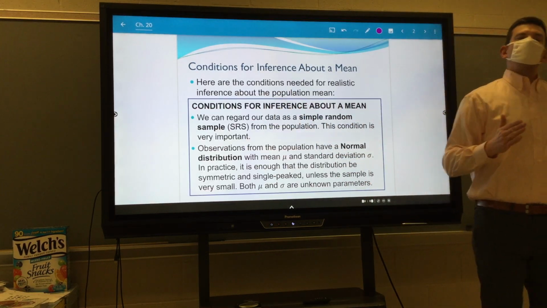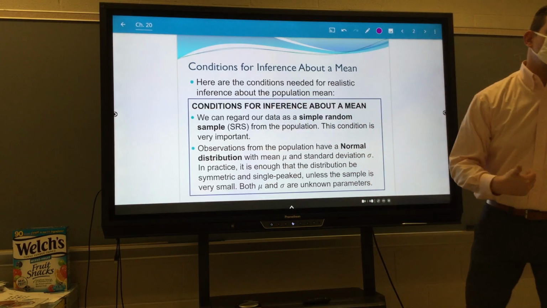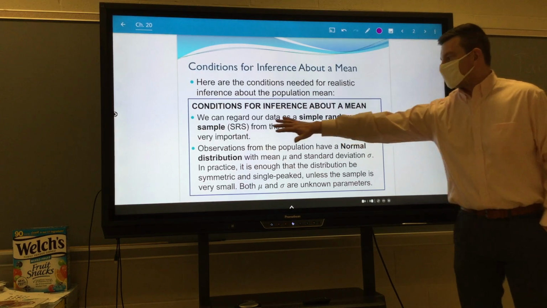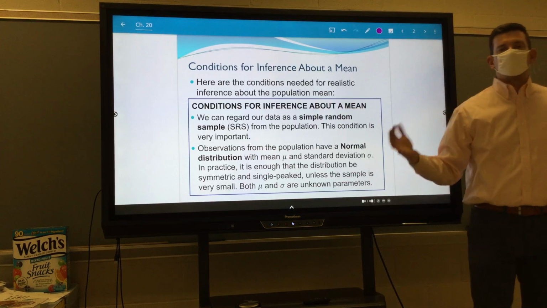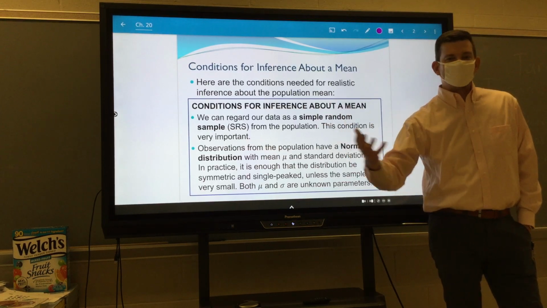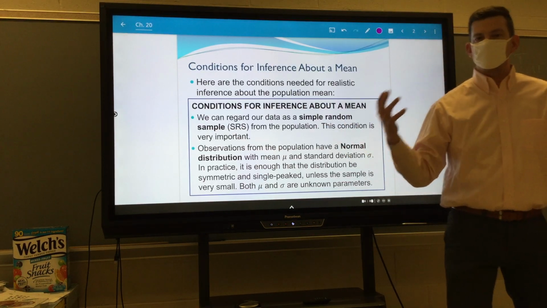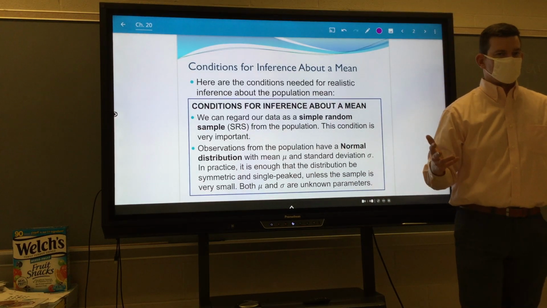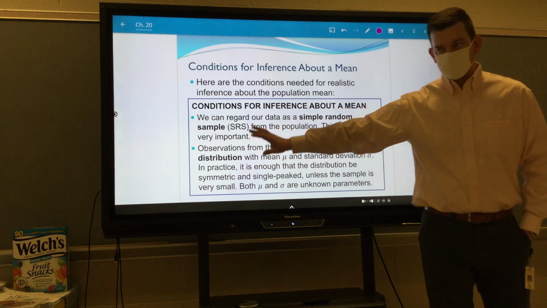So the conditions that we had to use that normal distribution and those z procedures, we needed a simple random sample, and that's always important, right? You don't want a biased data set, you don't want a haphazard data set that's not representative of any population. Okay, so that never changes.